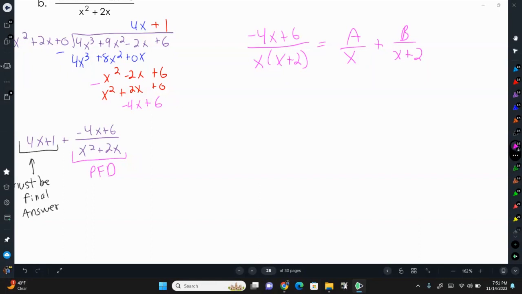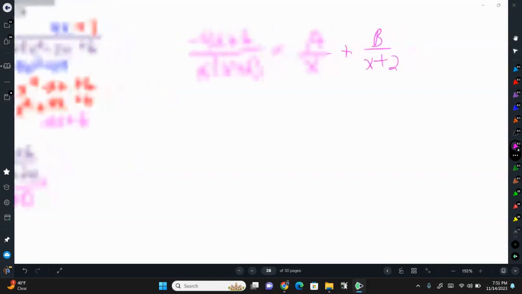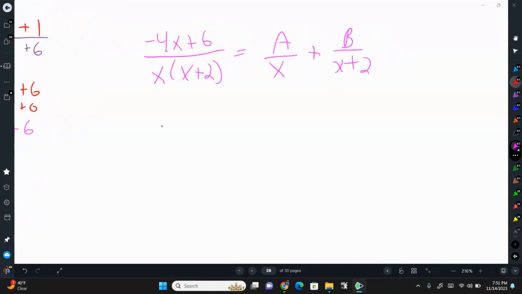All right, so then we're going to multiply both sides by x times x plus 2. So on the left side, the denominator gets erased. If you're doing this correctly, the denominator on the left side will always cancel out.